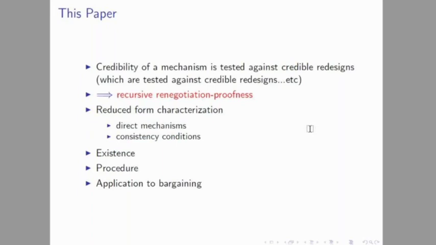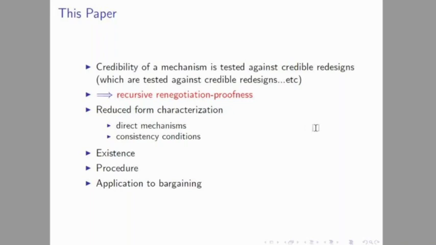Of course, there is a conceptual challenge in this way of thinking about renegotiation proofness, because for the second stage mechanism, how do we know that it is not renegotiated itself? We simply assume in renegotiation proofness, by Dewatripont or by Neeman and Pavlov, that the second stage mechanism is not subject to further renegotiation.